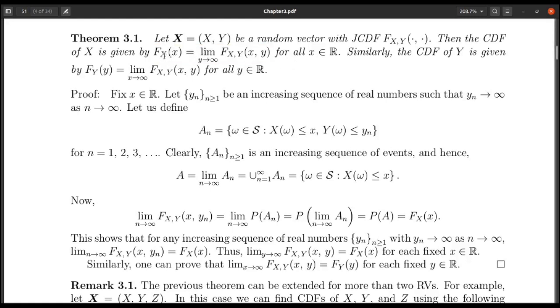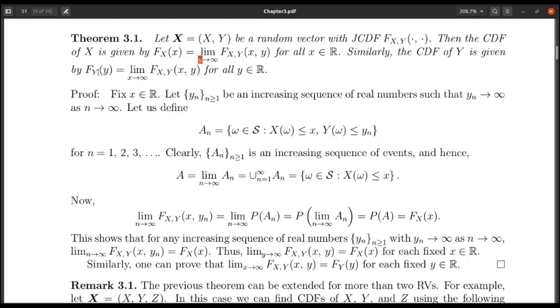It says that the cumulative distribution function of the random variable capital X at the point small x can be found by taking the limit of the joint distribution function at the point (x, y) where y goes to infinity. So to find the cumulative distribution function of x, I have to take the limit with respect to y.